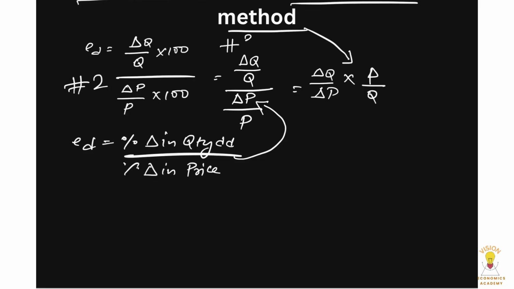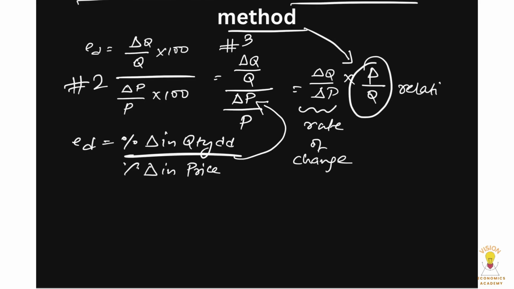Third step, we keep the rate of change on one side and the relative values on the other side. Then we get this formula of the proportionate method.